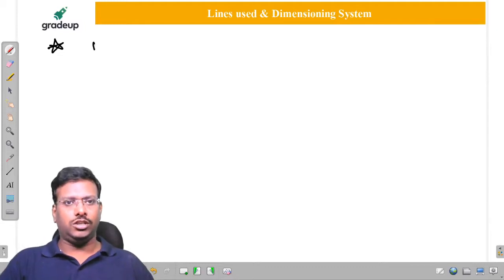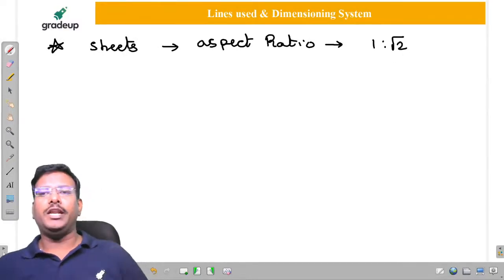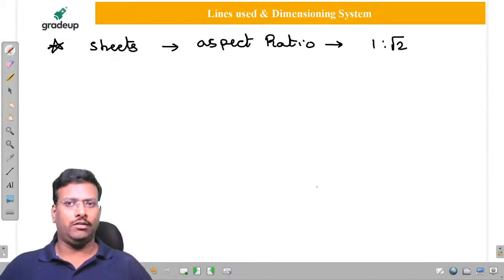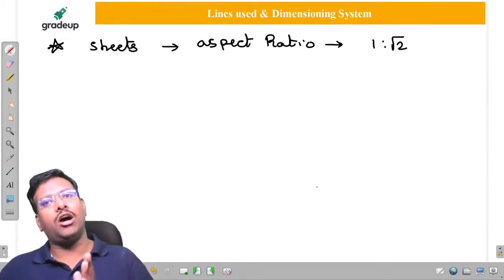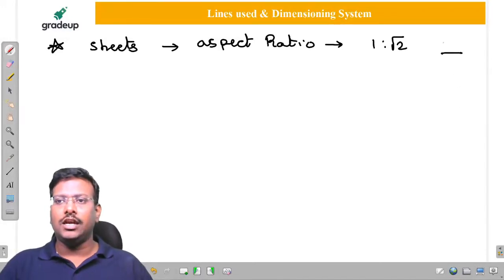The sheets we are going to use should always have an aspect ratio of 1:√2, or some people may write it as √2:1. From the standard size onwards, length will be less and breadth will be more.